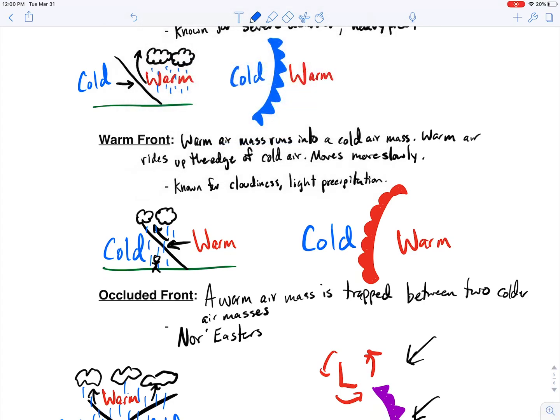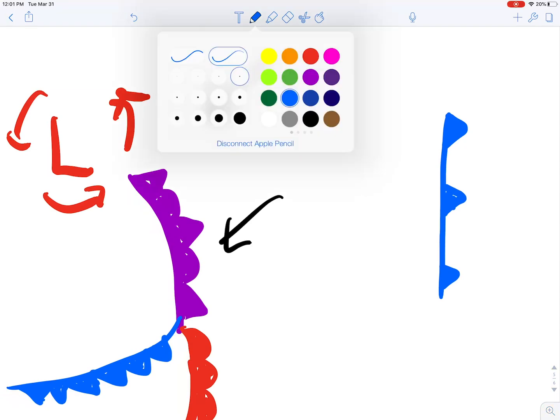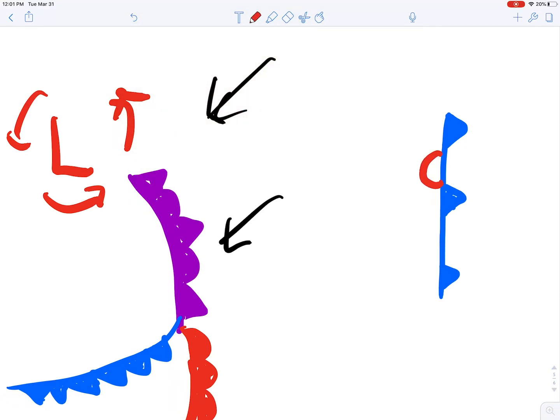Oh, and the last one I promised you we'd talk about was the stationary front. You may run into that on CK12, I'm not sure. A stationary front would just kind of look like this. It would be a line, and on one side of that line we would have our blue triangles like this.